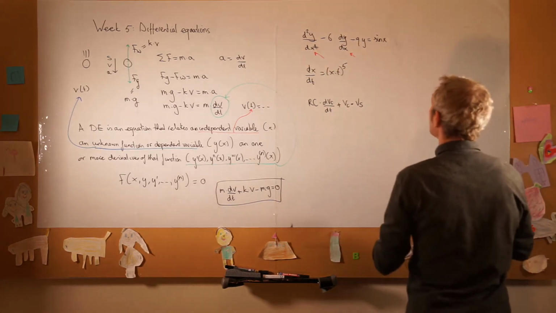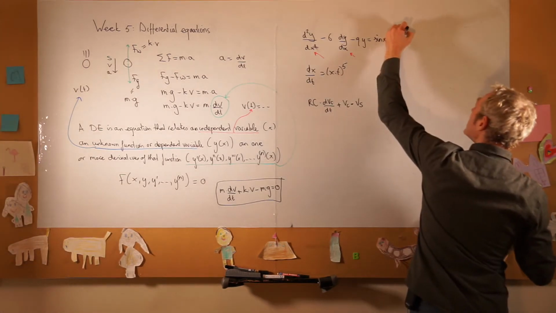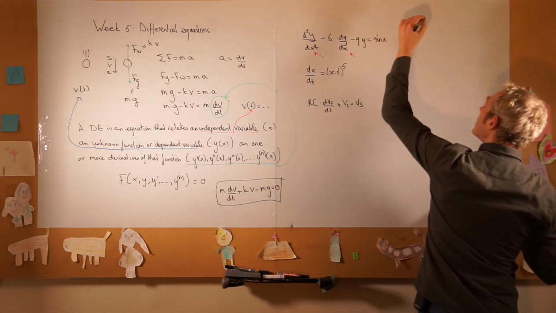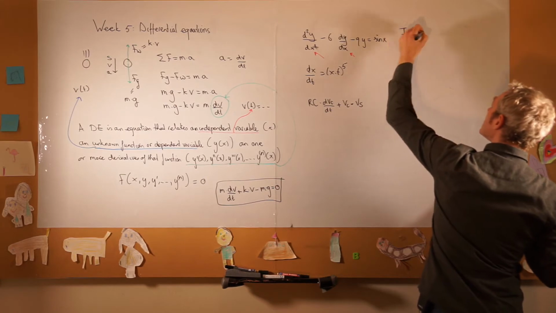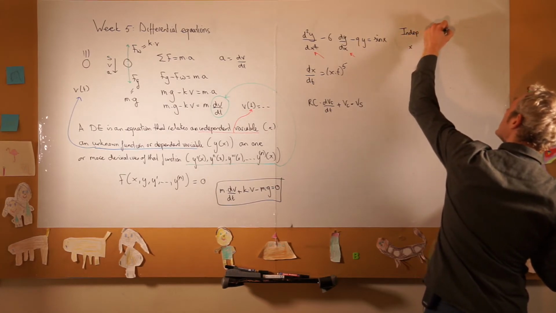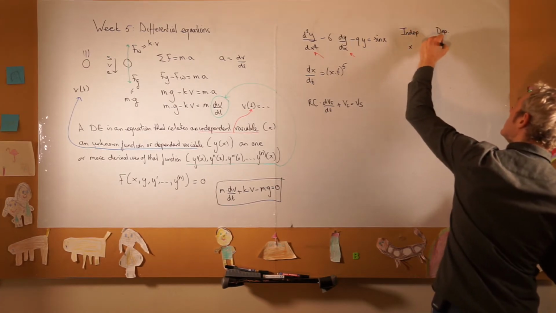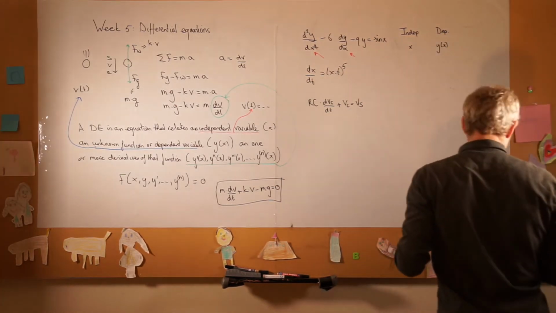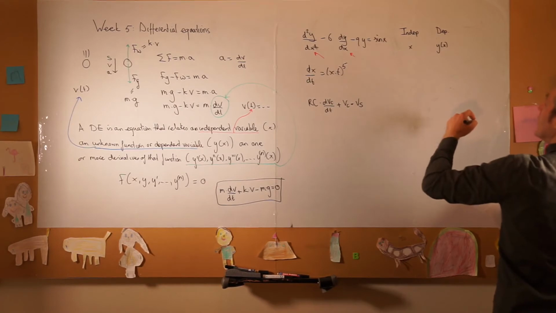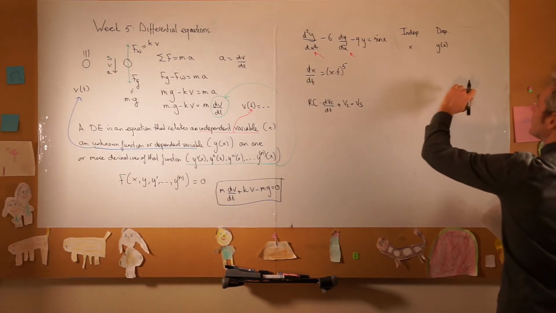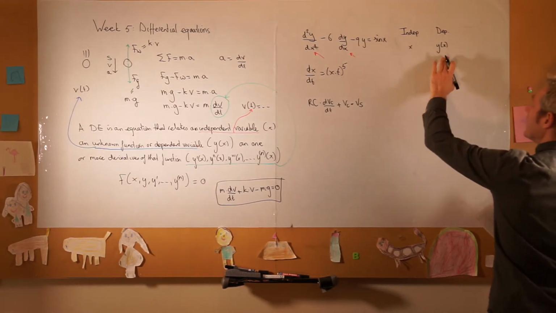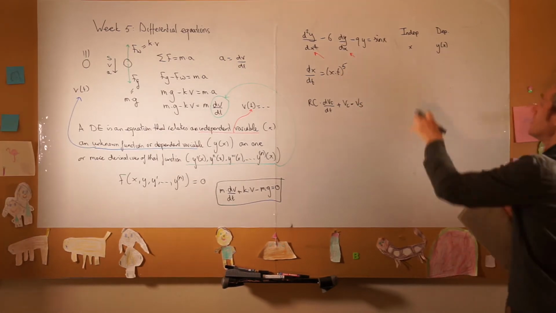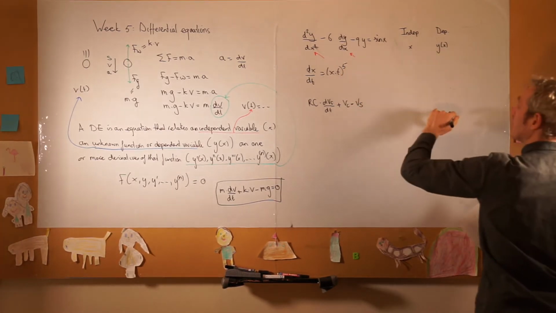And if we have that, we know that our independent variable is equal to x, and our dependent variable, or our unknown function, is an unknown function y of x, which is then also the solution we're looking for. So if we solve this differential equation, we get a function y of x.